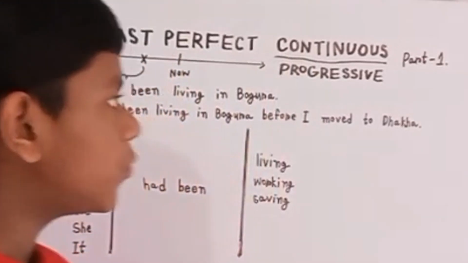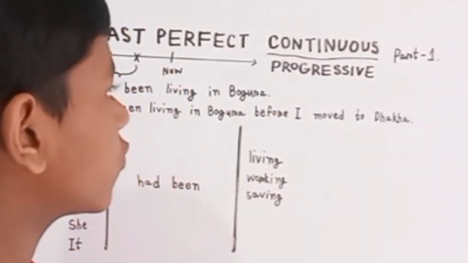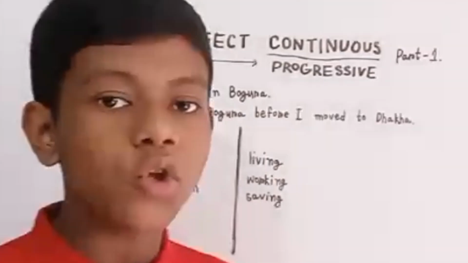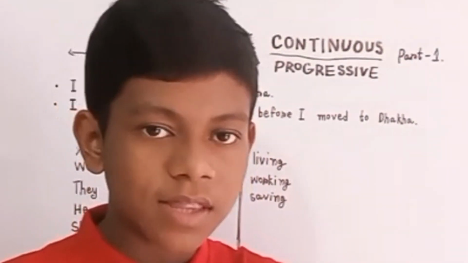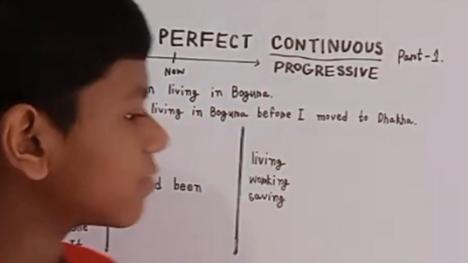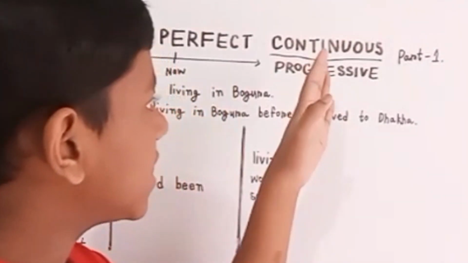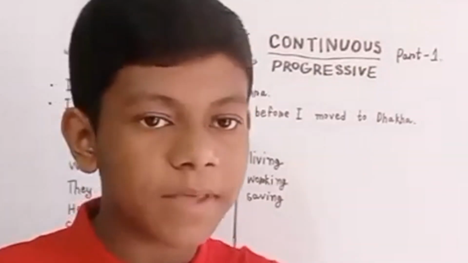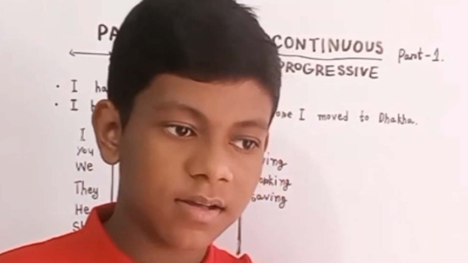First of all, as you know, this is the past perfect continuous. Past means something happened in the past, and perfect means something had already happened in the past. Continuous or progressive means something had continued in the past.